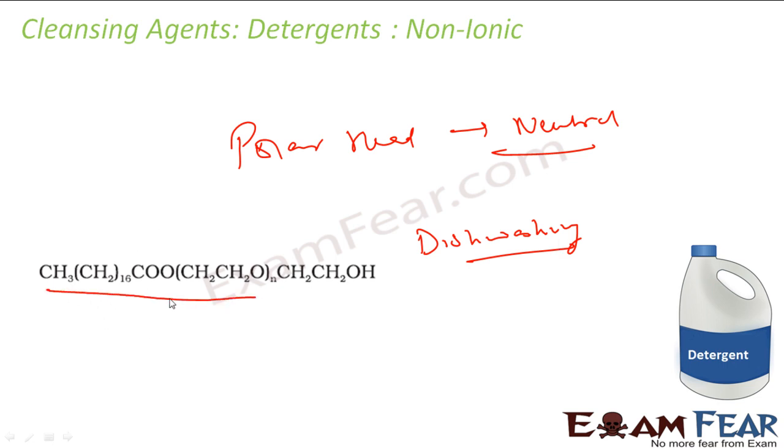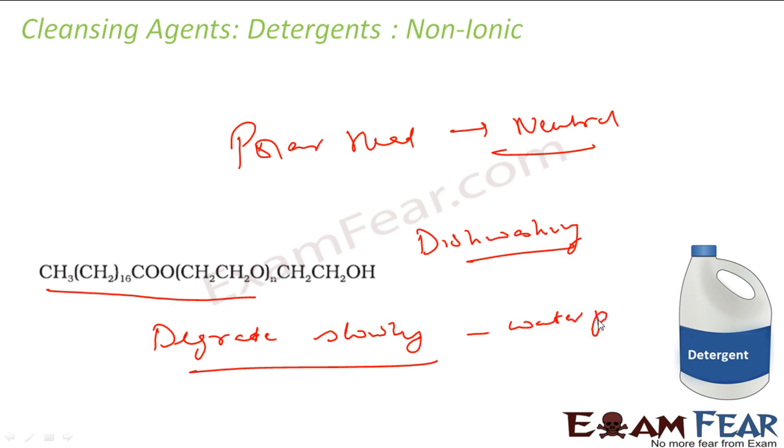Since they are long chains, they don't degrade easily. They degrade very slowly, and it causes water pollution. Because at the end of the day, whatever detergent you use and flush off goes to some pond or lake or nearby water, and it causes water pollution. That is the problem with these. They are non-ionic, but they generally have long chains.